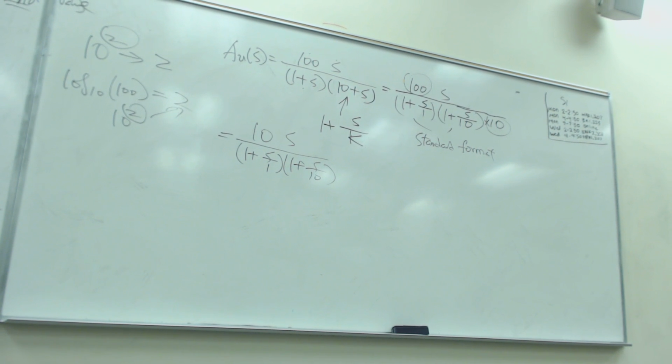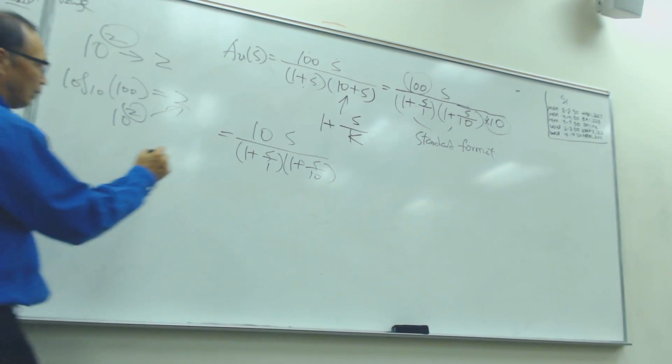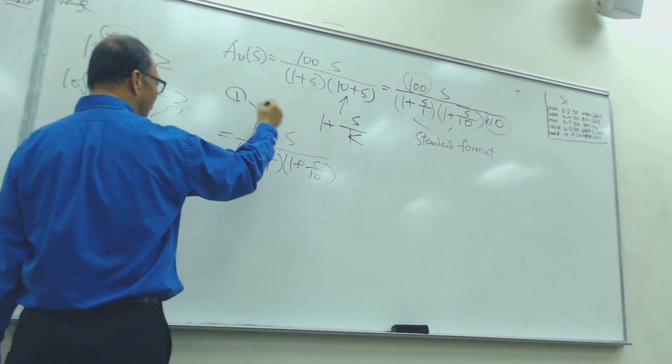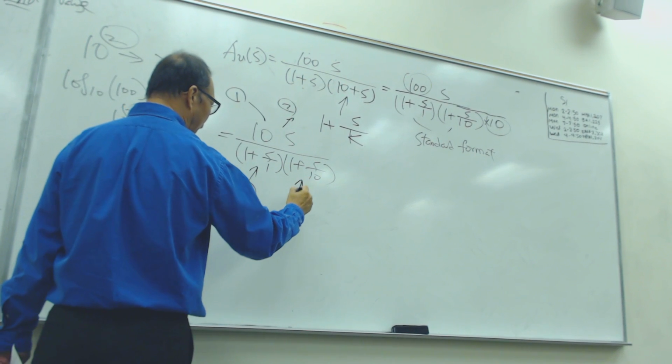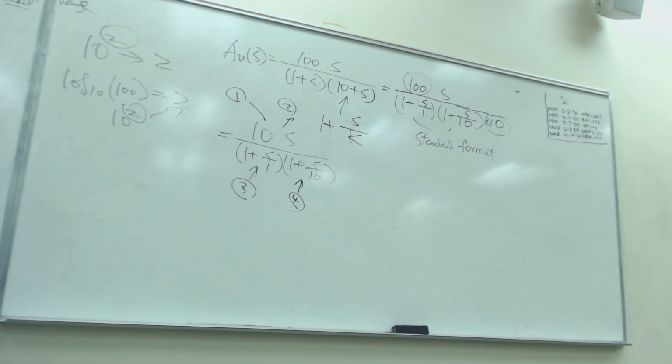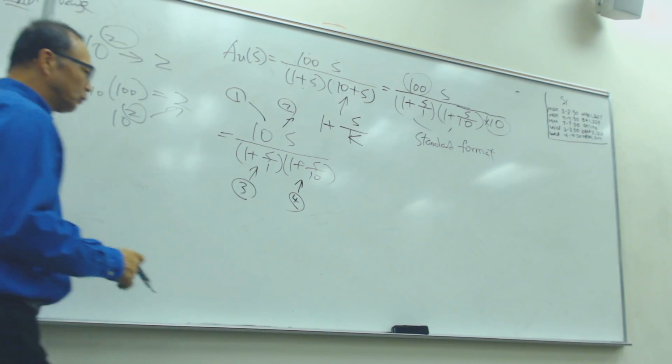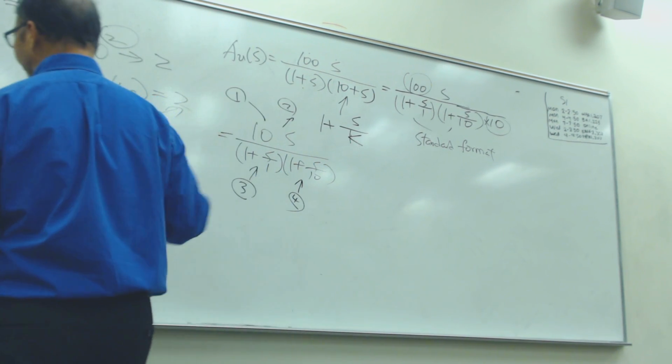Okay, with that, we are ready to do the Bode plot. There are 4 components: component 1, 2, 3, and 4. Alright, so now we'll do the Bode plot of each one of them.